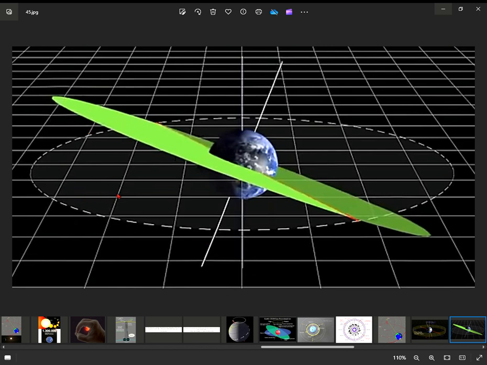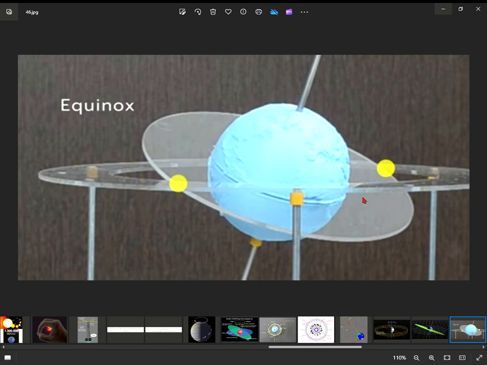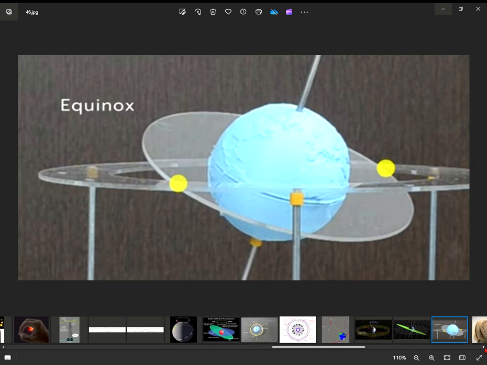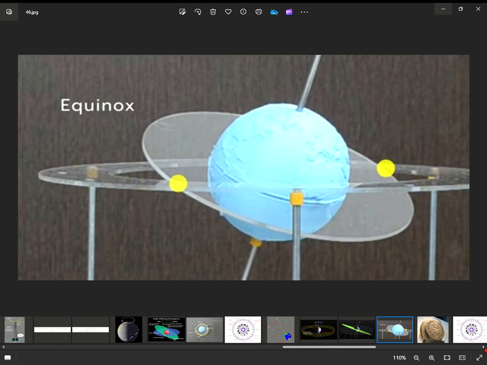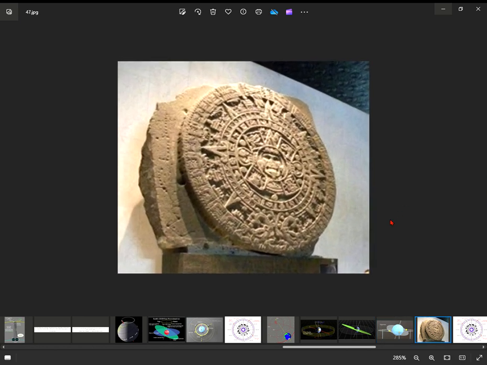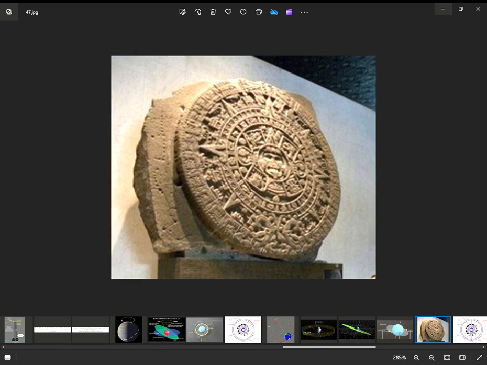When these two intersect at the equinox, the projected point shifts to the previous constellation after 2,160 years. This change is known as the precession of the equinoxes.